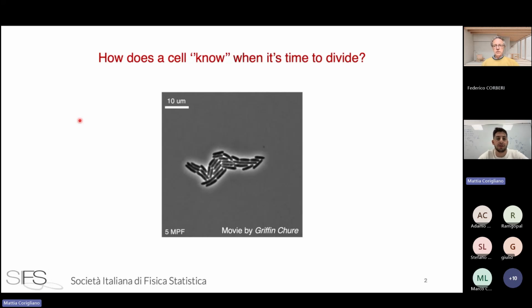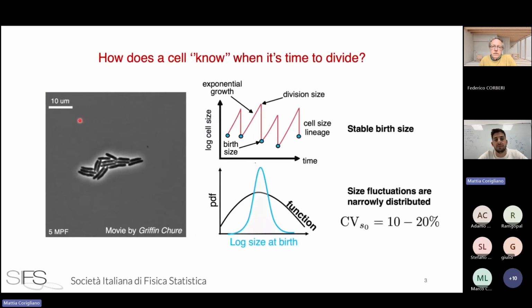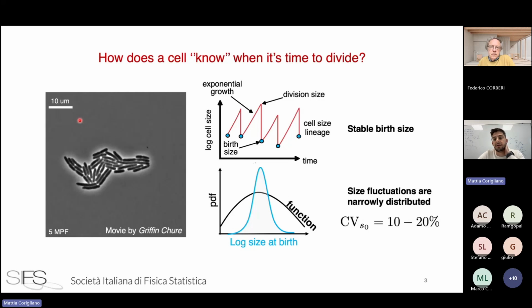And this question is motivated by two key observations that you can make by studying this kind of data, this kind of movies. The first one is that if you look at the cell size at birth, so at the beginning of each new cell cycle, which is the period of time between birth and division, this process is stable.